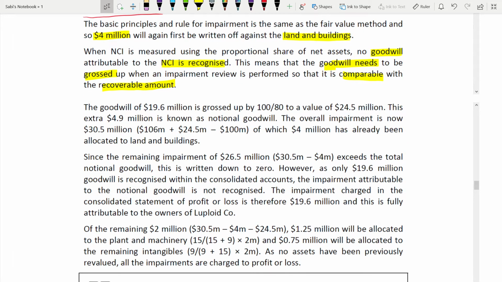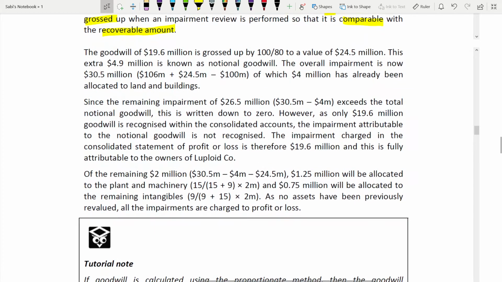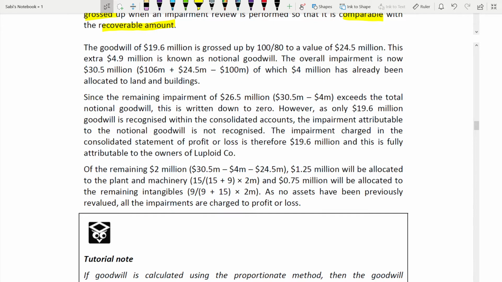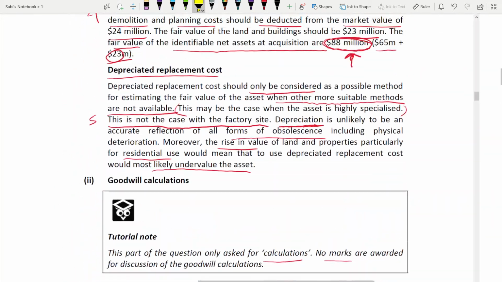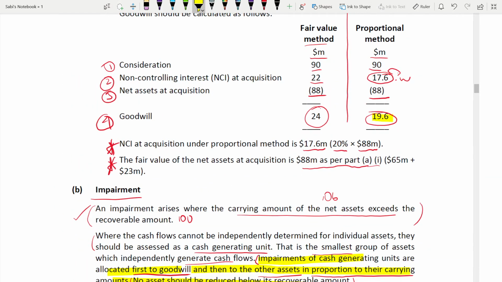Okay. So now let us do that. So the goodwill was 19.6 million. Okay, and the proportionate method, if you see. Okay, in case you forgot, I will take you up and show you. Just see. It was 19.6 million.